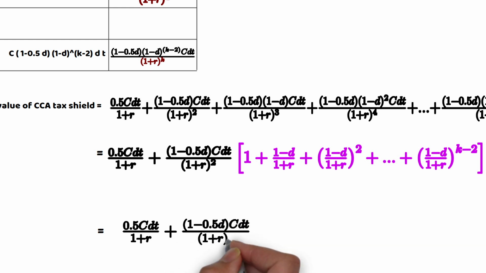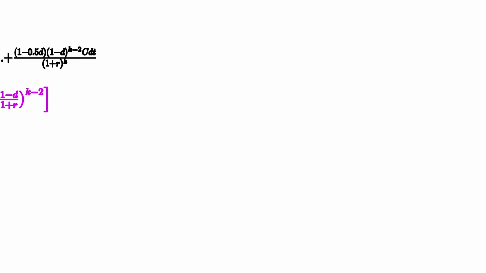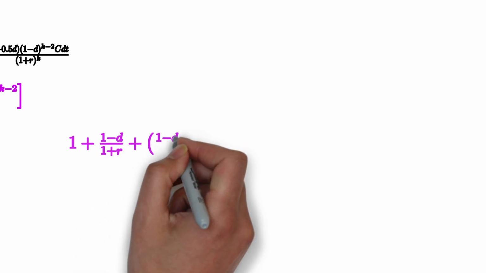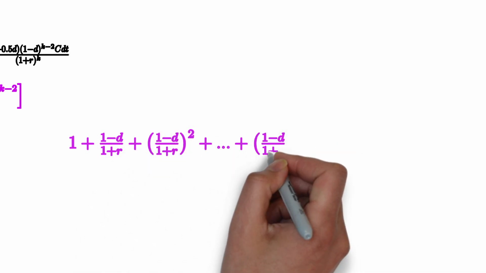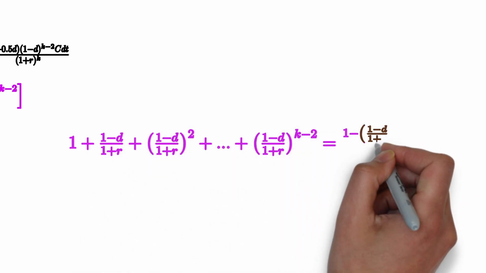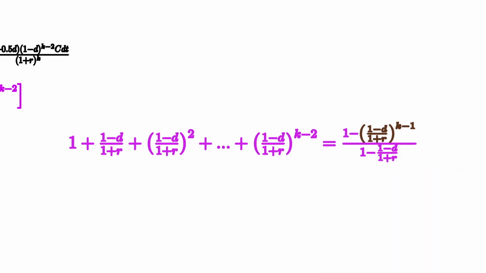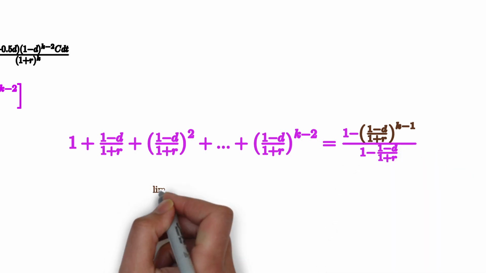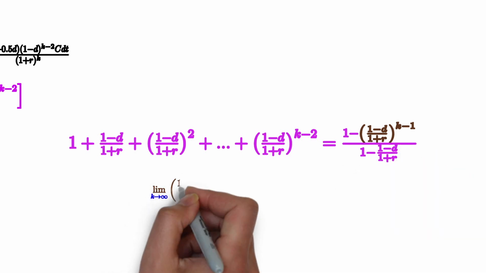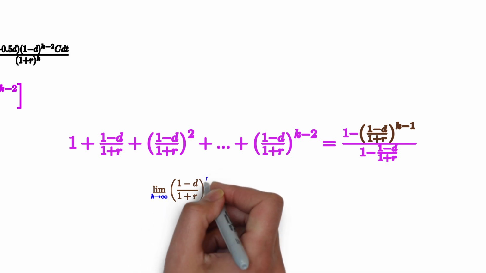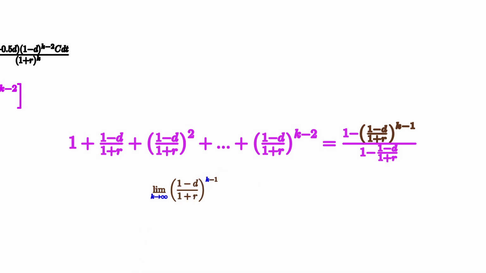We know the pink term equals (1 plus R) divided by (R plus D). Why is that true? Let me show you. We learned that the limit of the brown term, when k goes to infinity, is 0, because it's a number lower than 1.